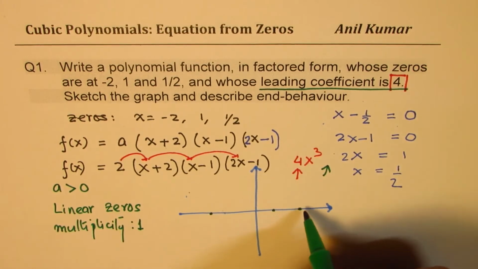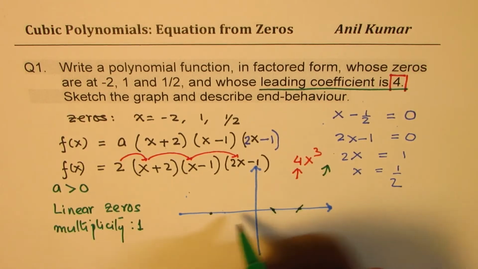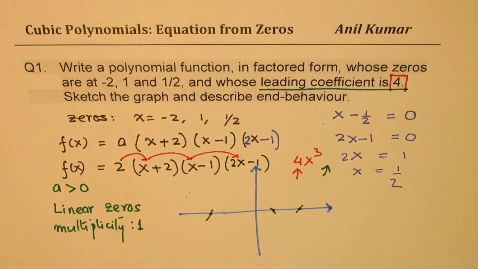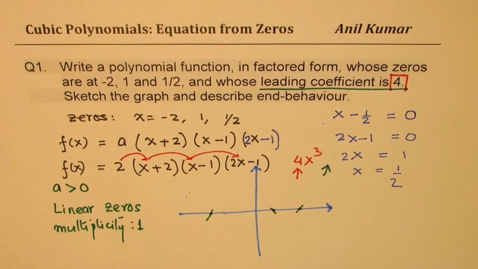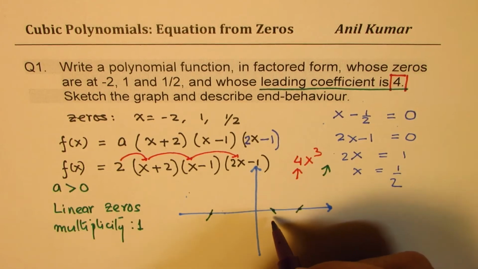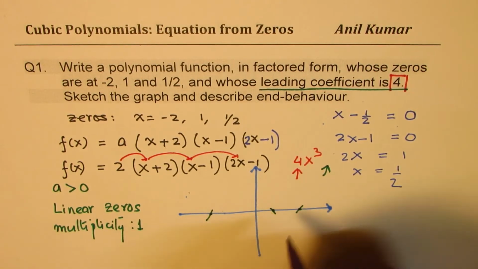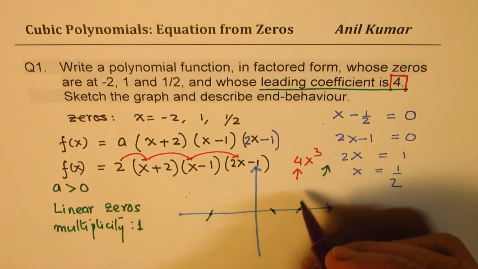So the graph will cross like a straight line at these zeros. You understand? So that is going to be the behavior of the function at the x-intercept. So zeros also give you behavior of the function at x-intercept.